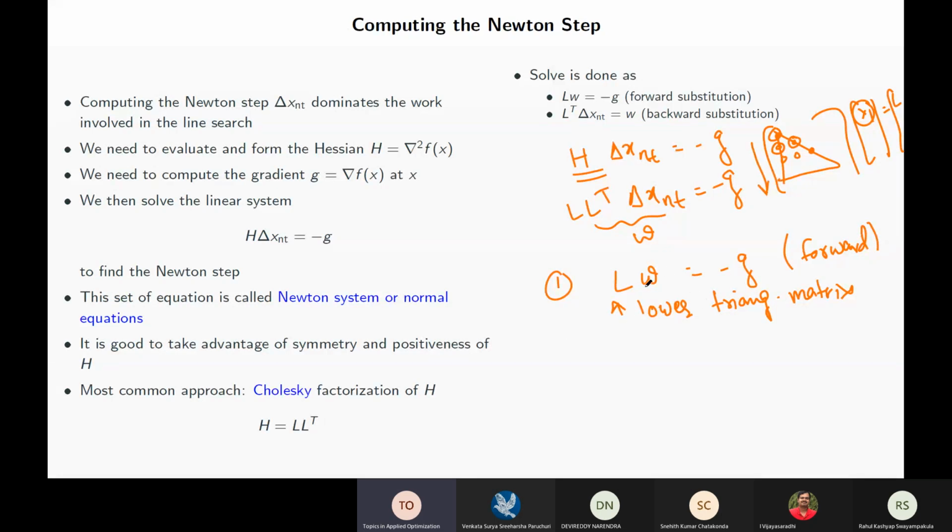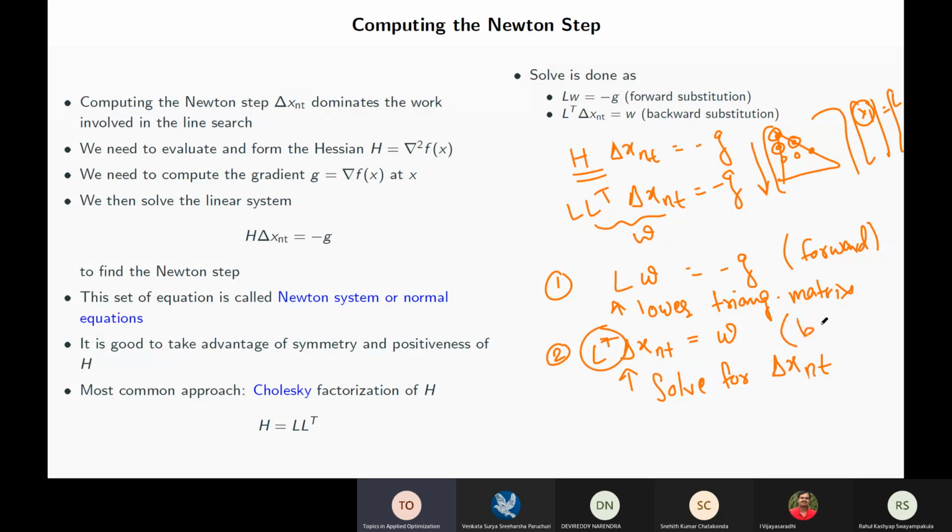Once I'm done with W, then I know this, right? L transpose del x nt equals W. Now W is known, so from here I can find del x nt, and you can do this because this is now upper triangular.